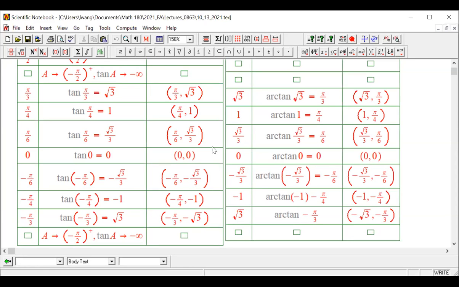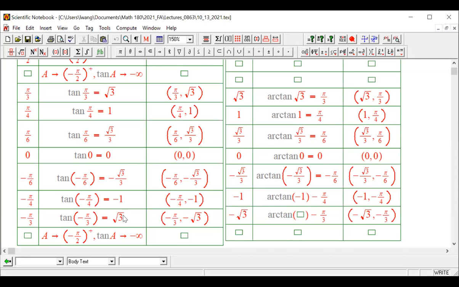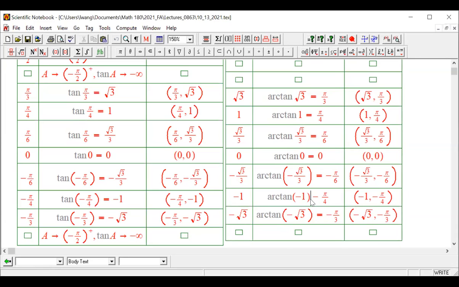Arctan of negative root 3, I'm sorry, I have a typo there. Negative root 3 there is negative pi over 3. Check for me, please. I tend to miss something here and there. Does everybody follow me? This is the inverse. So inverse means that input and output swap places. You saw that in action.